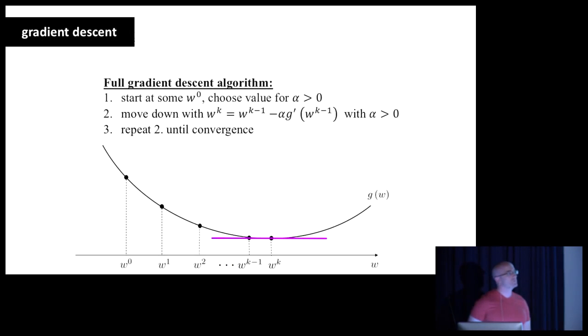By looking at this previous slide, you use W minus G prime of W. Without the alpha, in general W and G prime W are not in the same unit. Unless you use the alpha to correct the unit, or you standardize W to make them unitless.